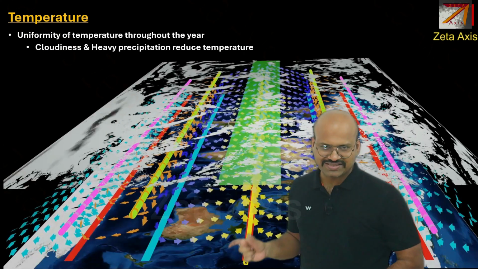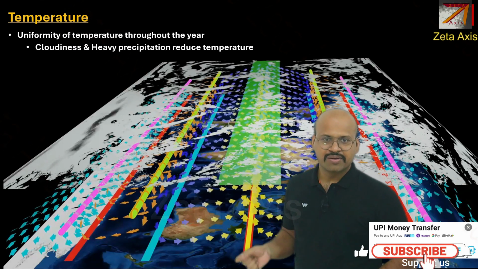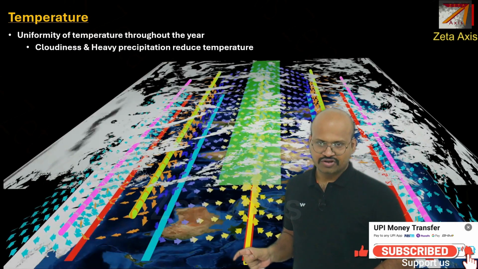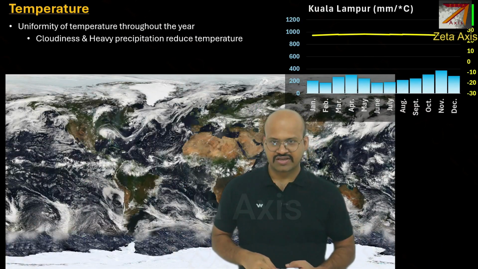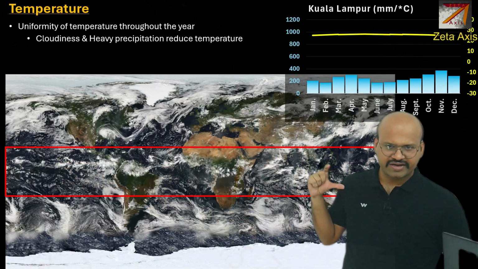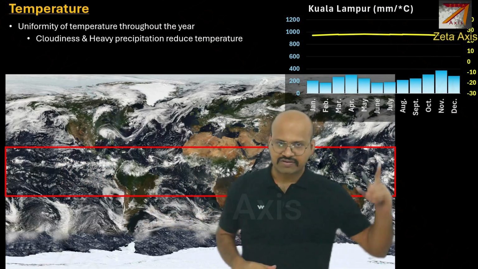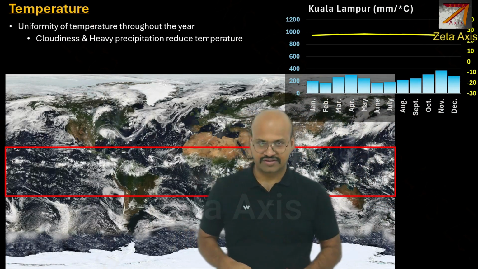This is called the ITCZ, a permanent region of rising air, that is, a permanent region of low pressure. Because of this we see cloudiness throughout the year. In this image we can see permanent cloudiness in this region, and that is why there is rainfall almost throughout the year.